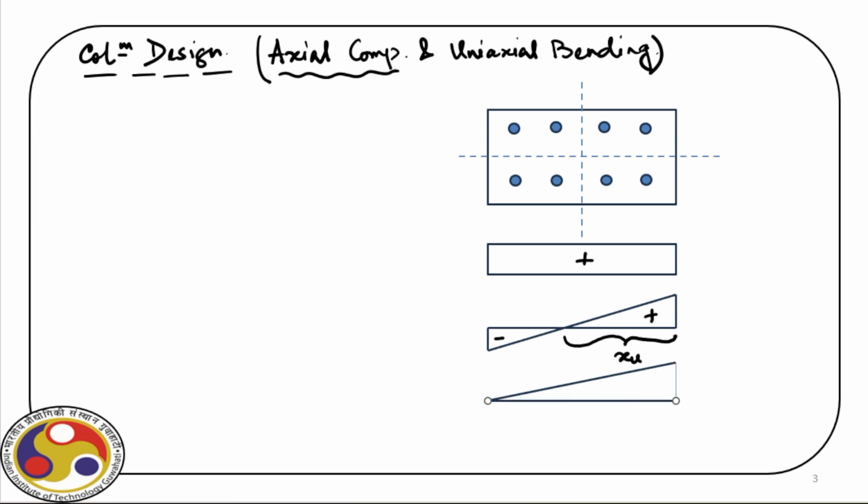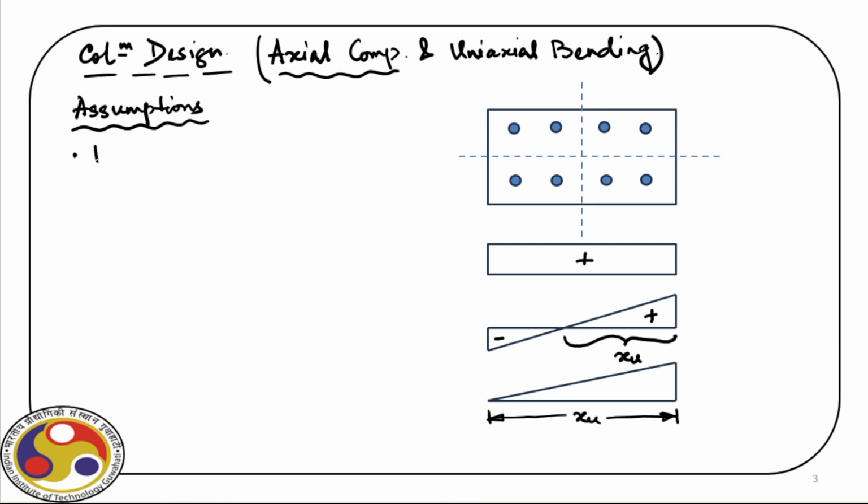We can have a different situation depending upon the XU that is marked. But for an ideal situation, obviously, we wish to have no tension in the column. So this is the XU. Now, let us first identify the assumptions that we are going to make. So assumptions.